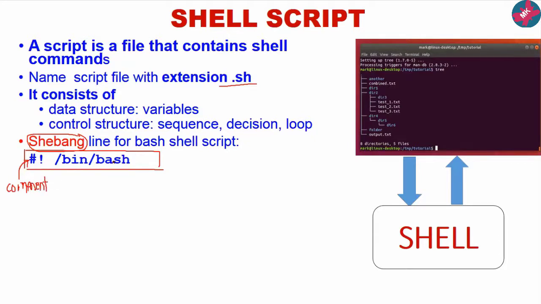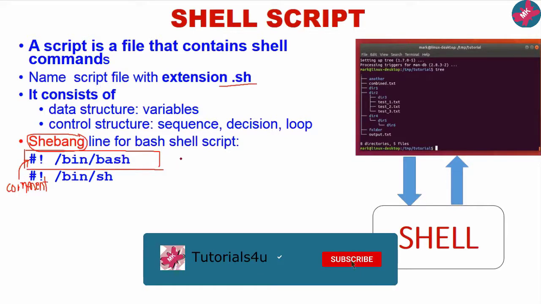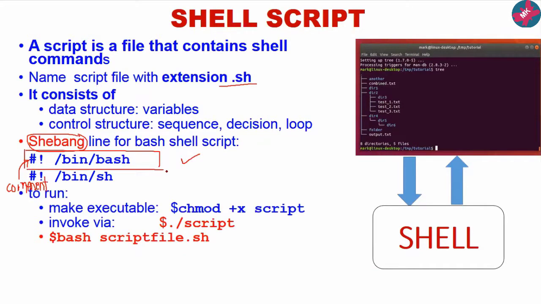It is a good practice to write the shebang line at the top of your script, but it's not mandatory because it won't be executed anyway, as it is preceded by the comment symbol. Another shell path that could be given here is sh, which is a different shell. Mostly we will be using bash. It is optional whether you write the shebang line or skip it.